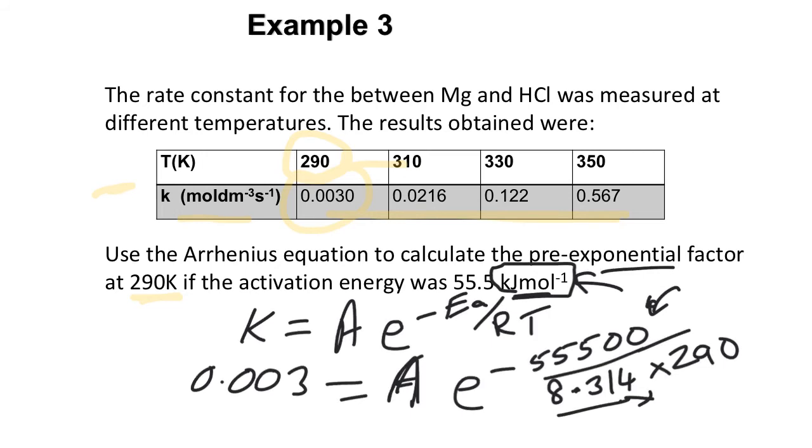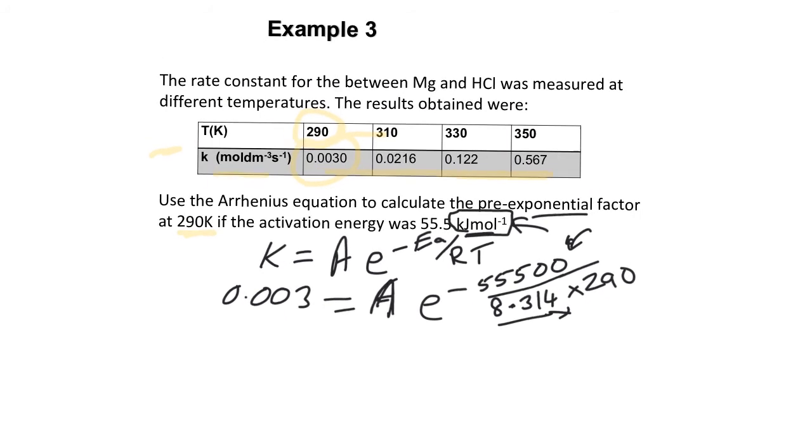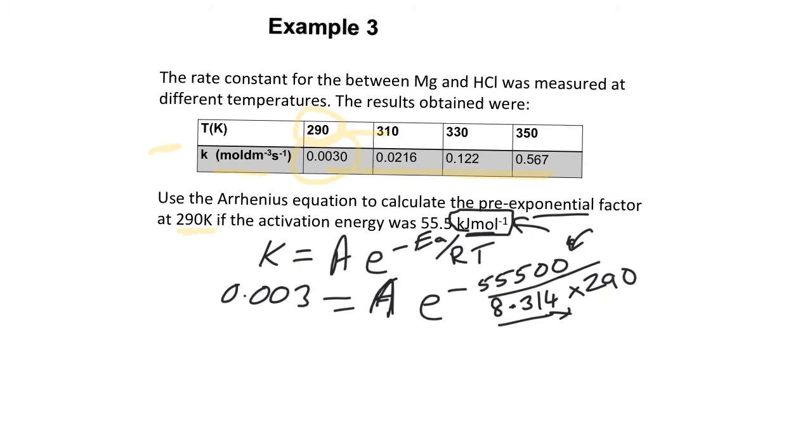Now all you have to do is rearrange this equation to get A. You may find it easier to work this part out separately and then bring that over here. So divide that number by this, you get A.